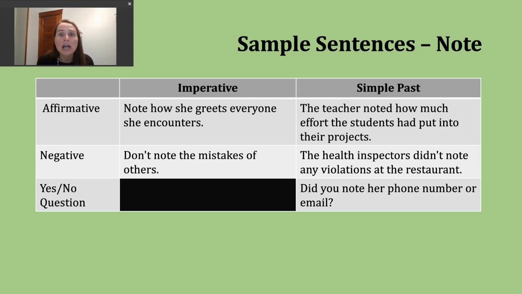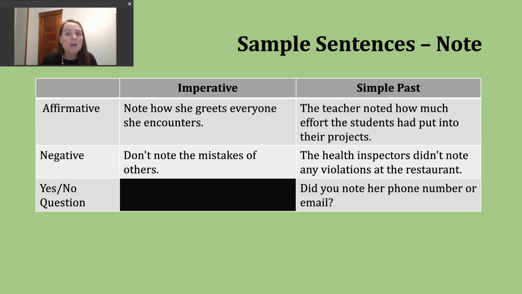So let's take a look at my first affirmative example here. It says, note how she greets everyone she encounters. Okay, so you can see my verb is right at the beginning of this sentence. We might think of this sentence as maybe something a boss, a manager is saying to a new employee.